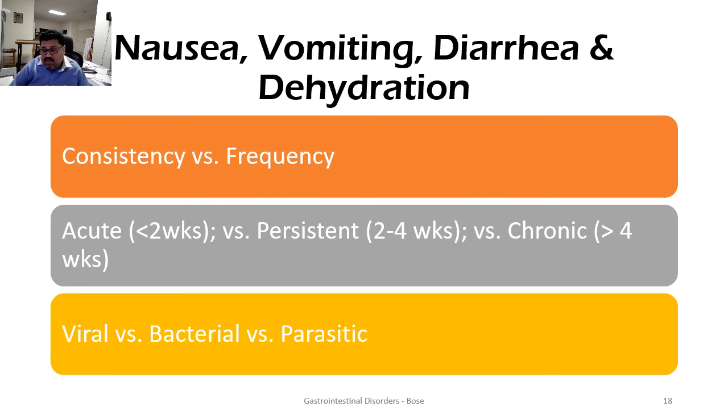Dehydration is the most serious repercussion of vomiting and diarrhea. Dehydration is significant depletion of body water and, to varying degrees, its electrolytes.